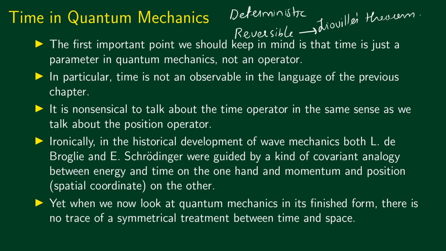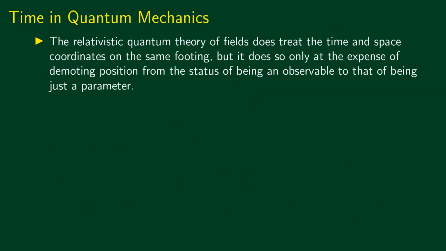In other words, time and space are not treated symmetrically in quantum mechanics. We are going to learn non-relativistic quantum mechanics, because in relativistic theory, space and time should be on equal footing. They should be treated symmetrically. Later, you will learn that there is a successful relativistic quantum theory, called quantum field theory.